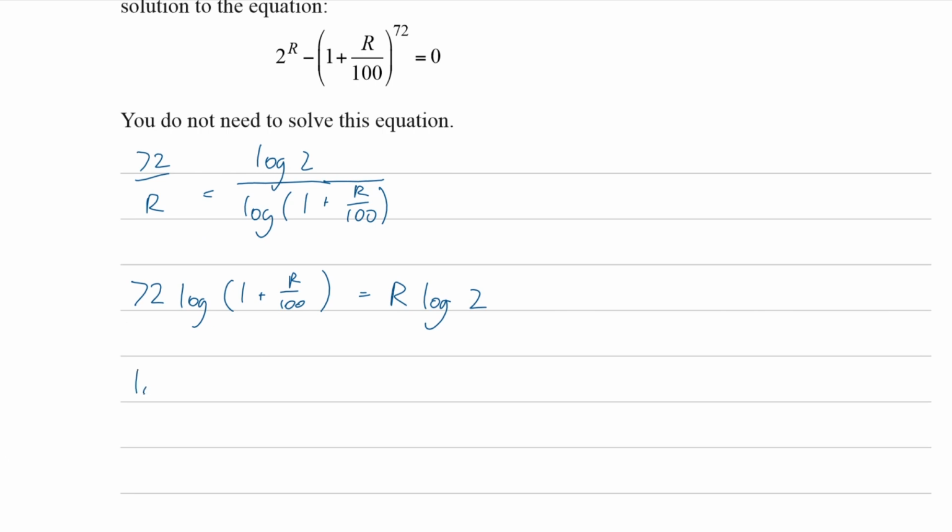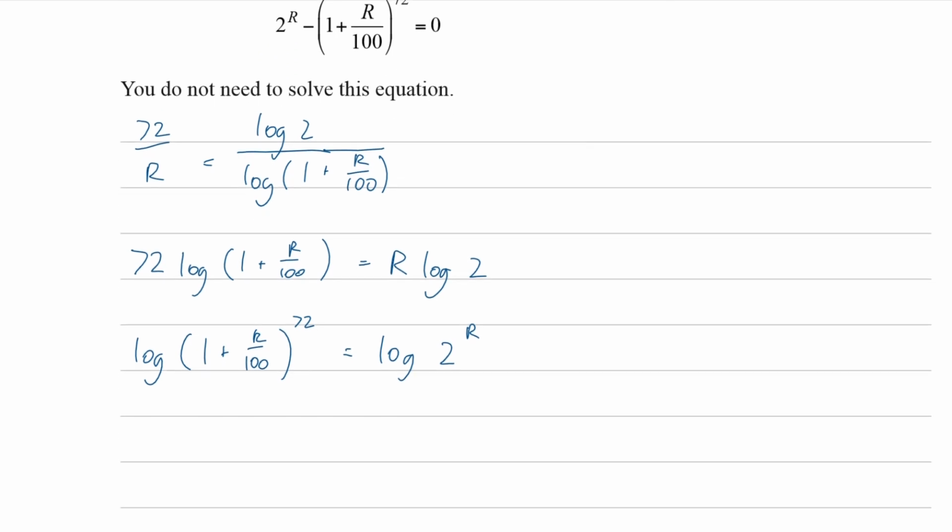So log of 1 plus r over 100 to the power of 72. Notice that's actually already looking like this term up here. And we can do the same with the right hand side. Bring the r into the power. Log of 2 to the power of r. That's starting to look like this term here.